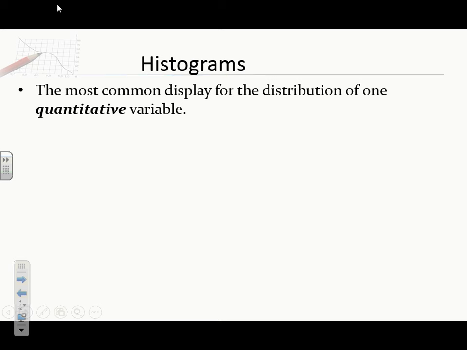That's the key here. Everything we're talking about today is with quantitative variables. Now, histograms are a little bit more involved as far as creating them and making them do what we want them to do. So a dot plot's pretty straightforward. Make a scale, label it, put some dots on it. That's it.